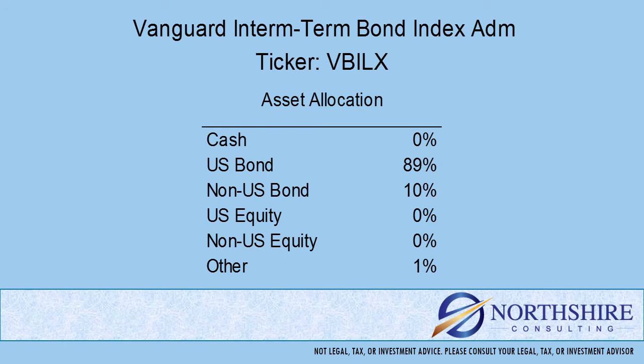What that means is it's going to be a little bit more conservative. History tells us that bonds have produced a lower rate of return, but also with a little bit less risk. The other ratio we want to look at is US versus non-US. As you can see by this portfolio, it's primarily invested in the US. So we want to make sure that fits in with our overall allocation and our complete risk tolerance profile.